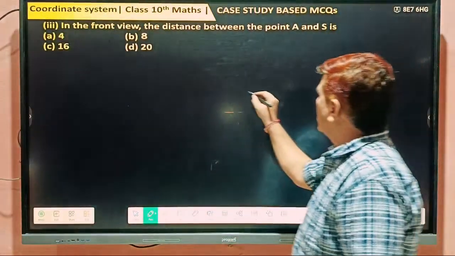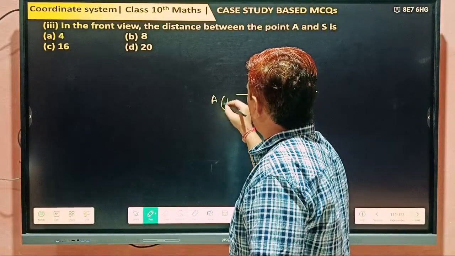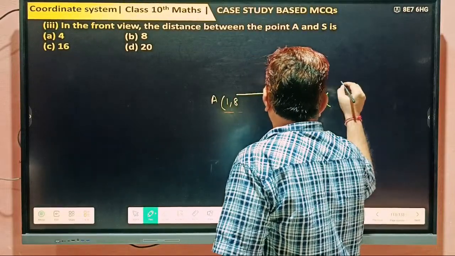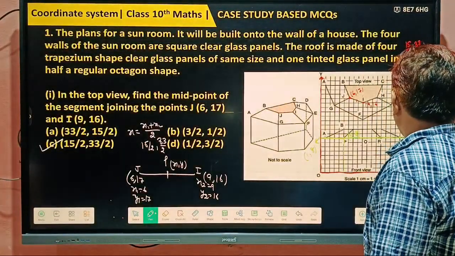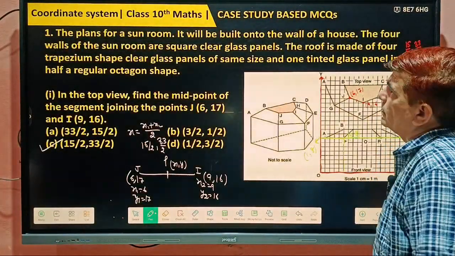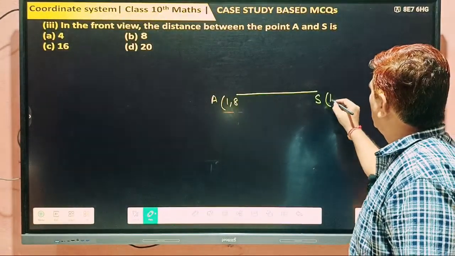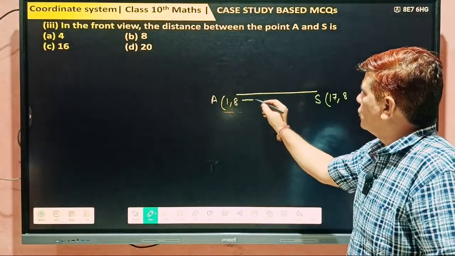So here I can write: this is the point A whose coordinates are 1 and 8. This is the point S whose coordinates are 17 and 8. This distance we have to find out.